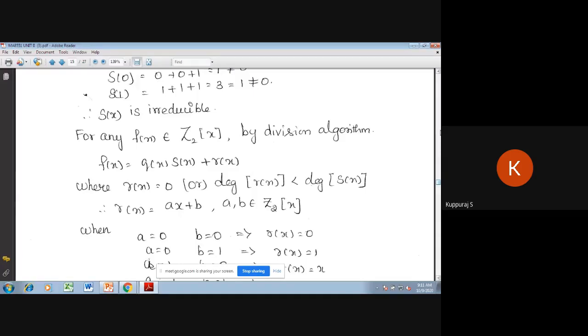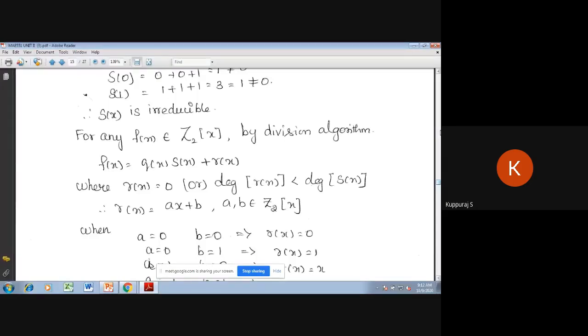By the division algorithm, I have to consider f of x which belongs to Z2 of x. When f of x is divided by s of x, we get the quotient as q of x and remainder as r of x. So by the division algorithm, f of x is equal to q of x into s of x plus r of x, where r of x is equal to 0 or degree of r of x is less than the degree of the divisor polynomial s of x.